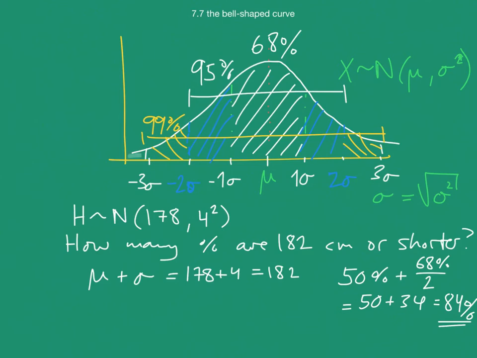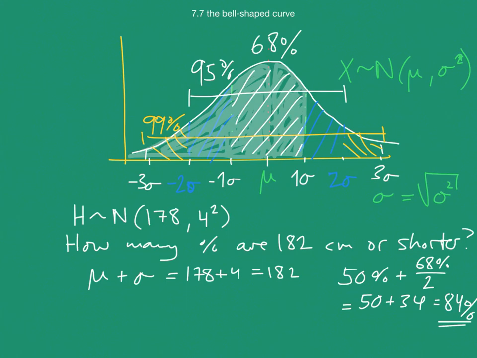So what I've done here is, okay, we've taken these 50%. Yeah, so this is 50%. 50% are 178 centimeters or shorter. And we've added one standard deviation to that, which is this area here. And we know that this area must be half of 68%. So we're just adding 34% to the 50.